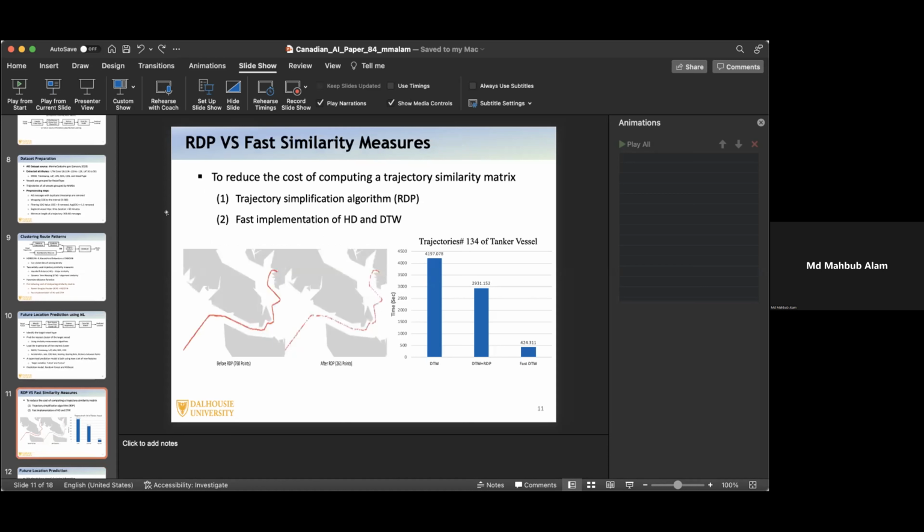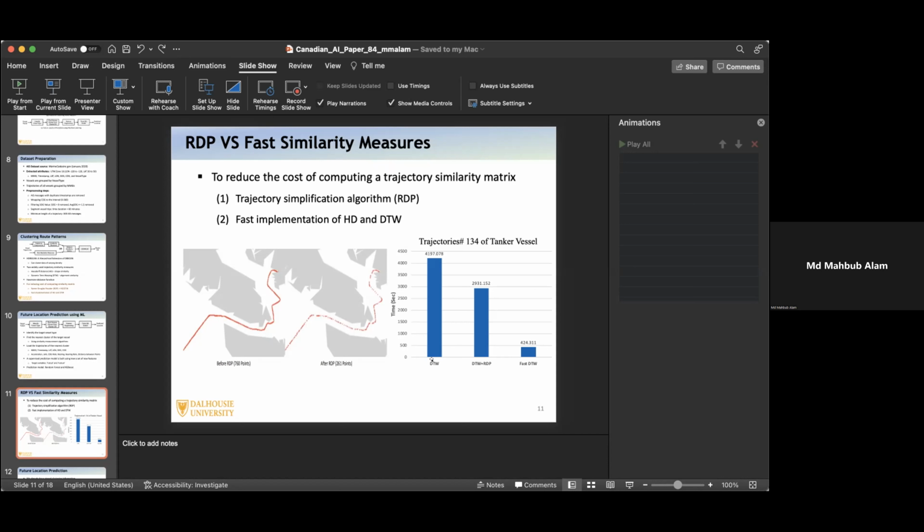So this is some comparison between line trajectory simplification algorithm and fast similarity measures. As I said, if we look at the left side picture, this is a trajectory with 760 points, and after applying RDP, it's just 261 points. We also recorded the computation time of computing the similarity matrix of 134 tanker vessel trajectories.